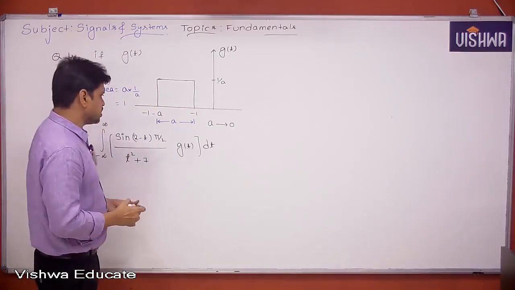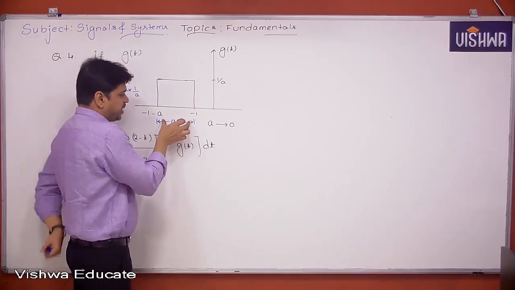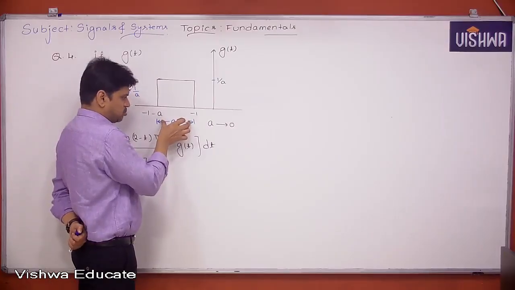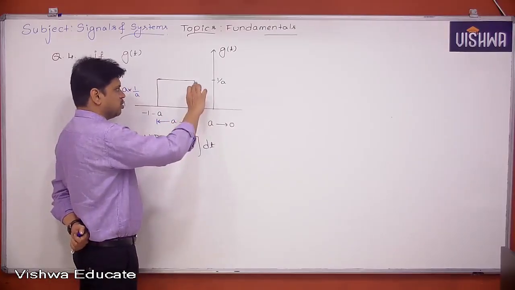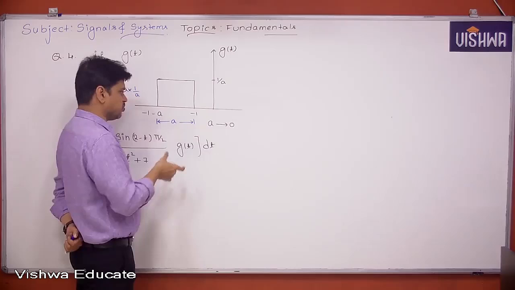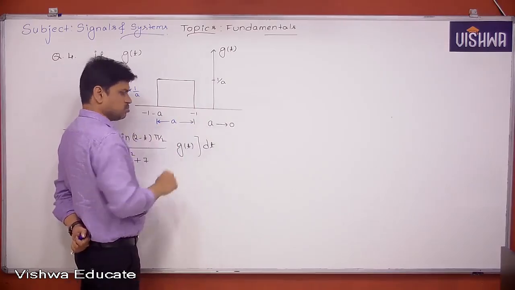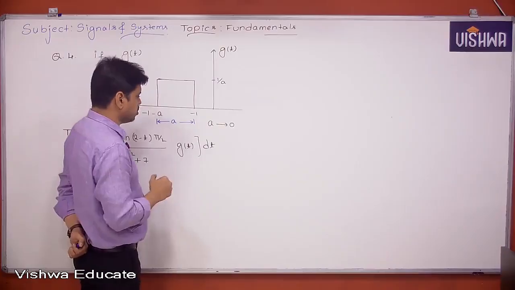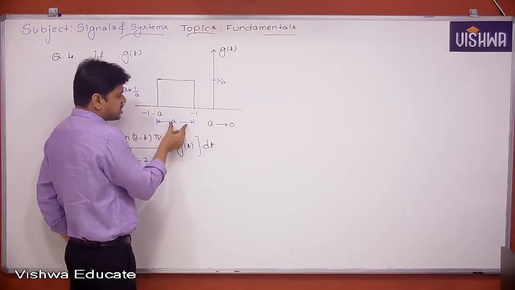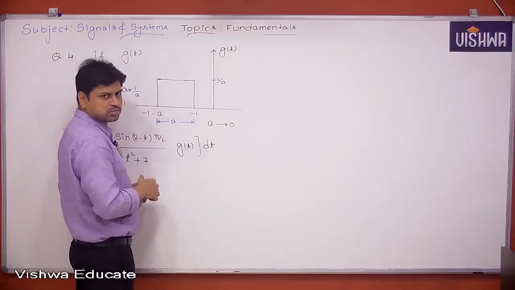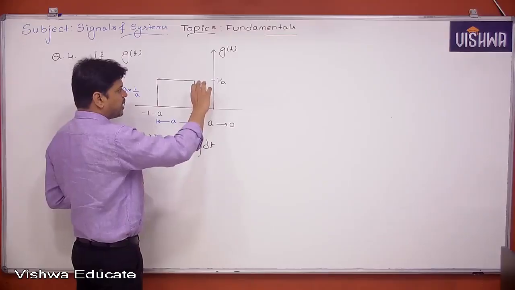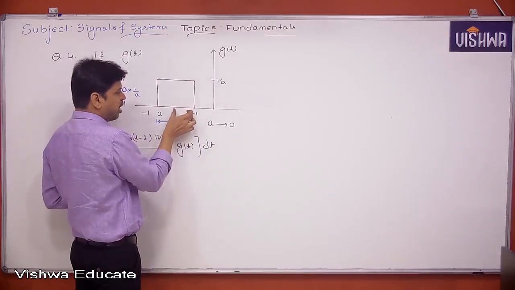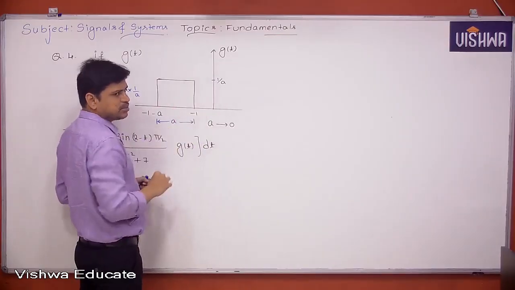Now suppose I take a equal to 1, then 1 by a is equal to 1. So finally the area is equal to 1. What if I take a equal to half? Then 1 by a is nothing but 2. The width is half, but the height is nothing but 2.